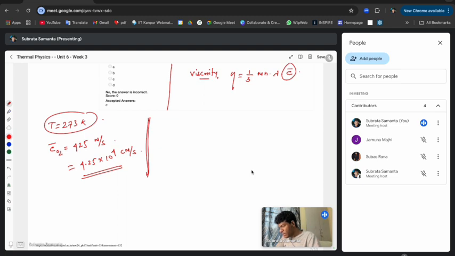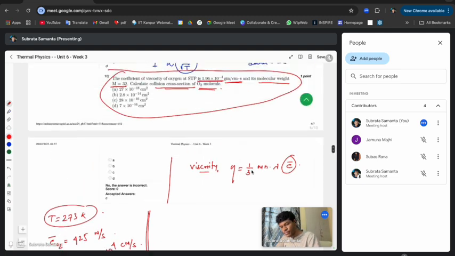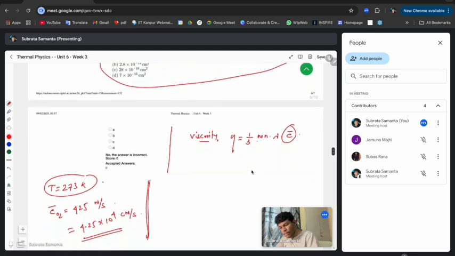Now how to calculate the number density? Because we know m, which is the mass of an O2 molecule. The mass of an O2 molecule is basically capital M over Na.